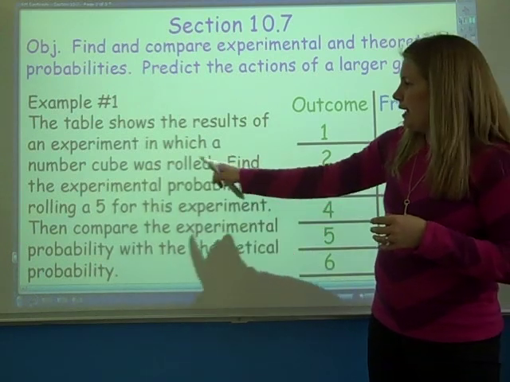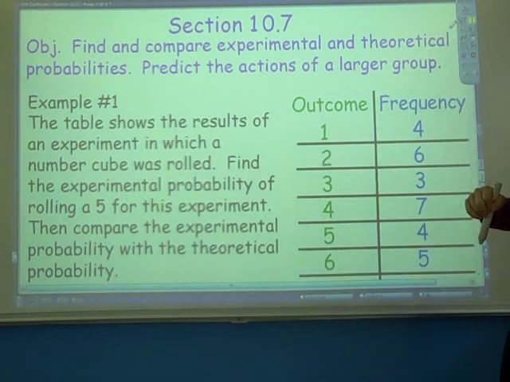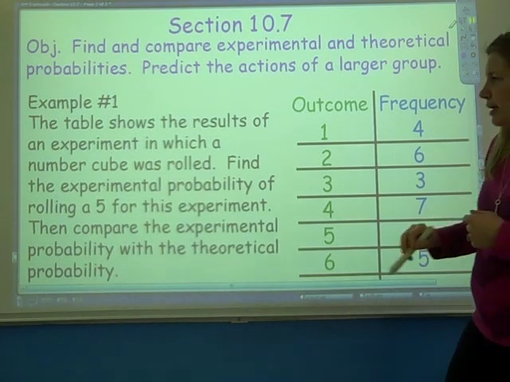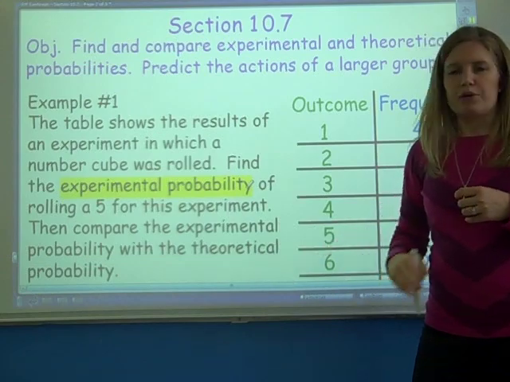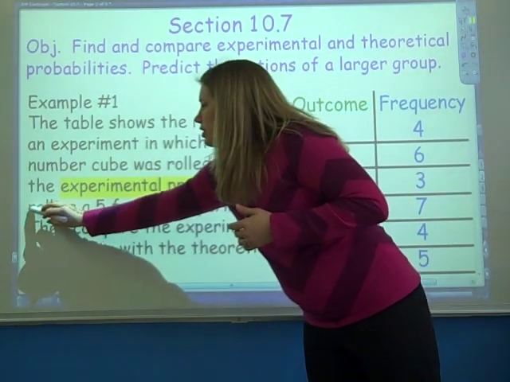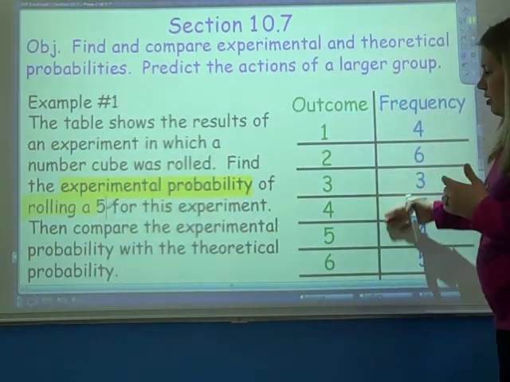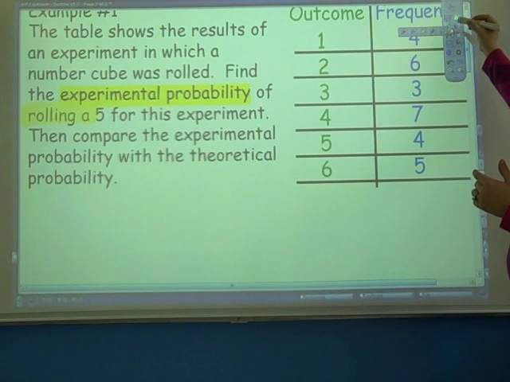It says, find the experimental probability of rolling a 5 for this experiment. So experimental probability, the reason why they say that is because we're not giving the theoretical probability, what should happen, of rolling a 5, from what is going on here. So that's our first thing that they would like us to do.